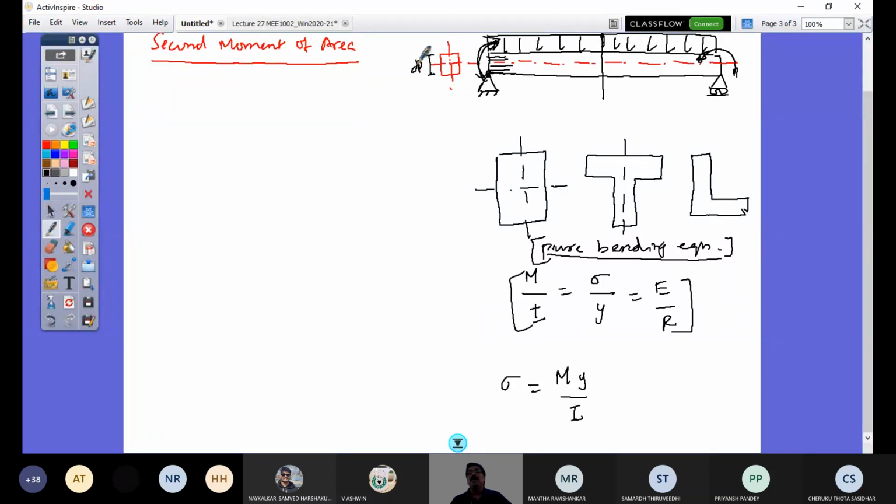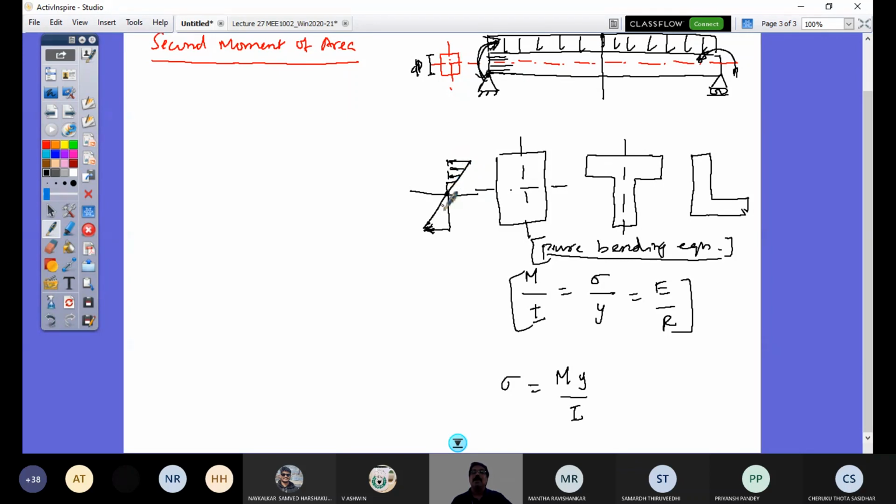I have to get the bending stress there. If I say the distribution of this bending stress for a rectangular section, it would be a linear distribution. You would see that at mid span, at the neutral axis, there is no bending stress, whereas at the bottom it is maximum. At the top, it is maximum. So here it is tensile in nature, and here it is compressive in nature.